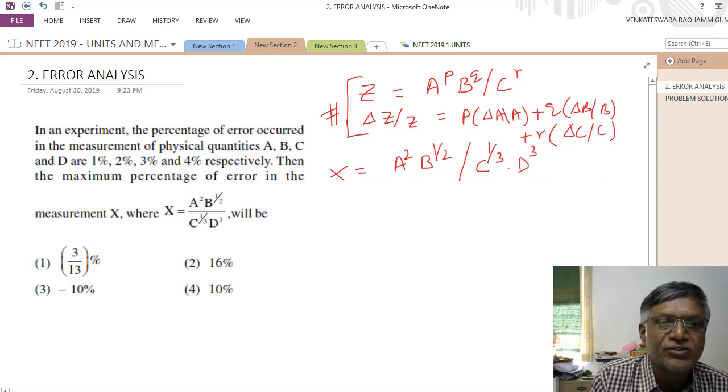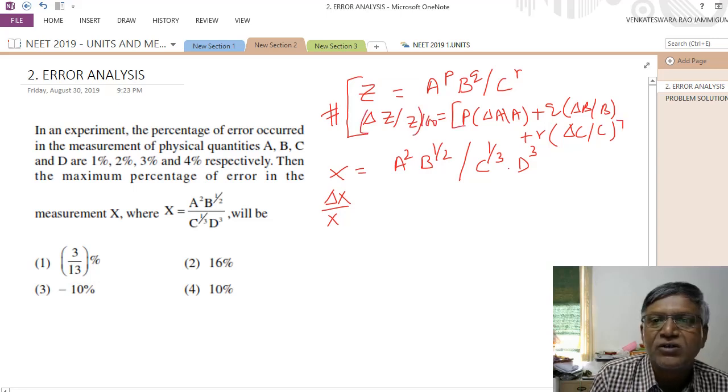This is given to us. So delta x by x, see here, if both sides you multiply with 100, then you will get percentage.